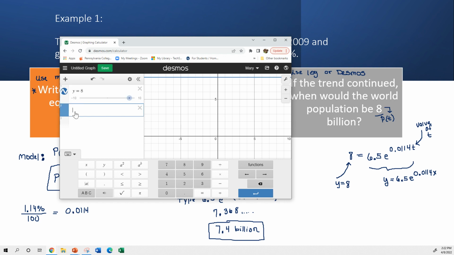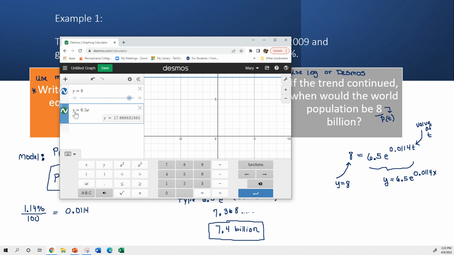Click in box 2 here for my second equation. So this is where I have y equals 6.5, and then you can use E right off of your keyboard. And then you can use the caret key right off of your keyboard.